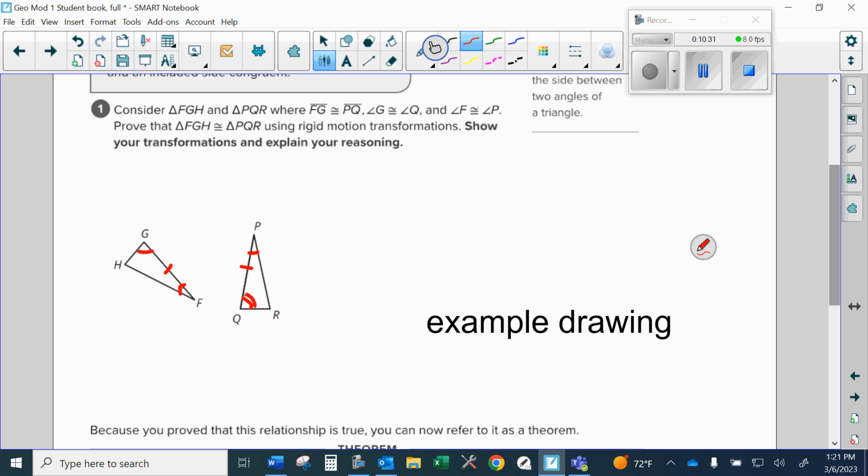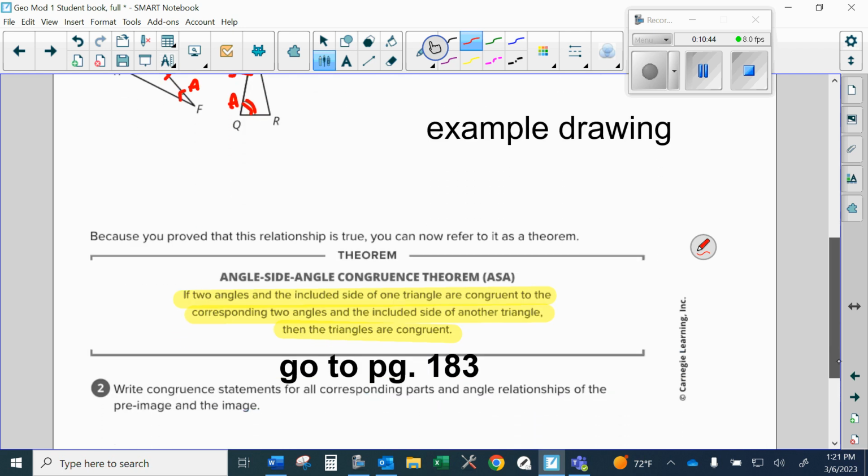A, S, A. The side is included. There's an example, look at the theorem right here. Two angles and the included side, the middle letter is the included one, of one triangle are congruent to the corresponding two angles and the included side of the other, then they're congruent.